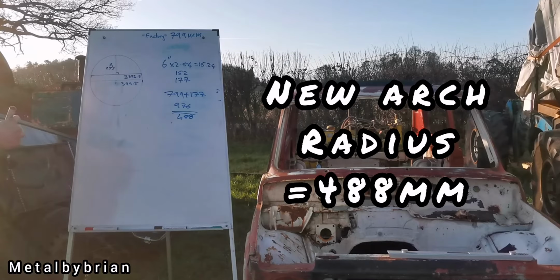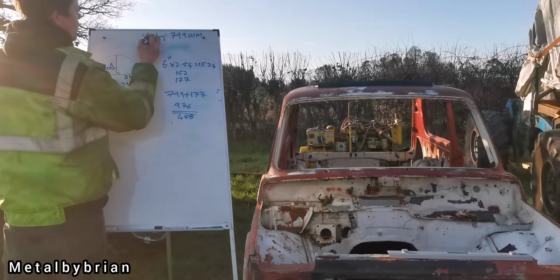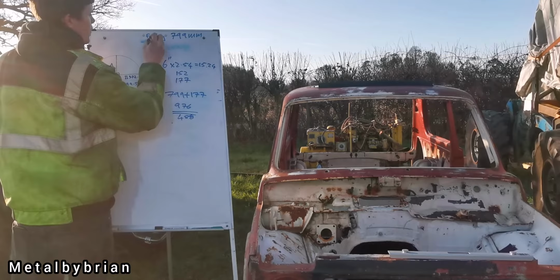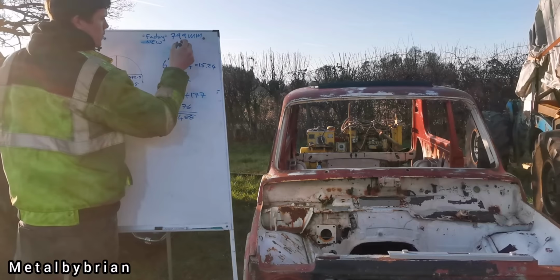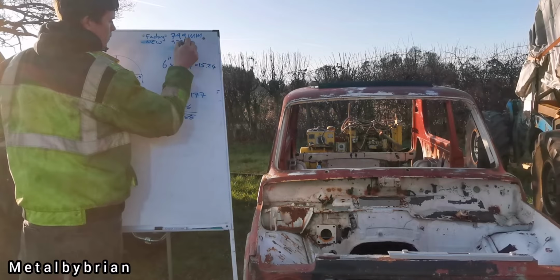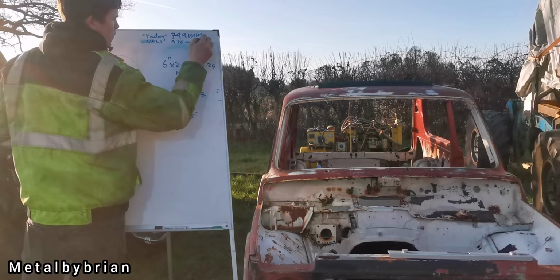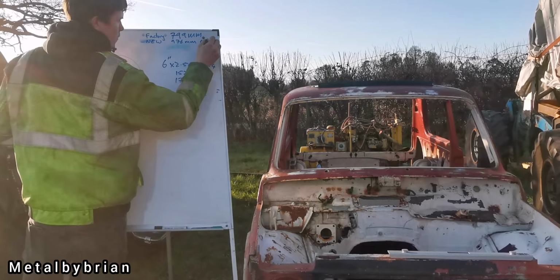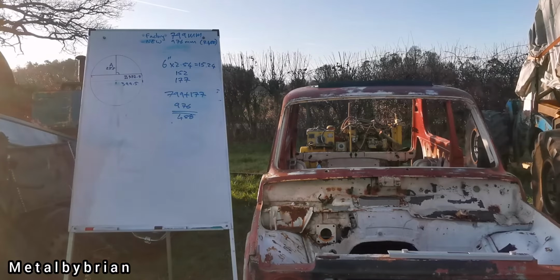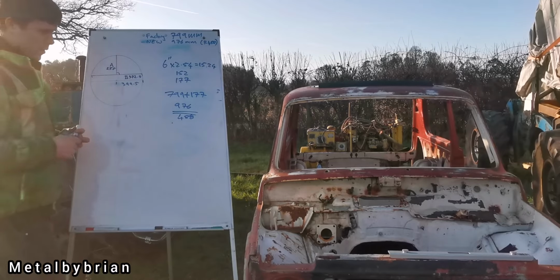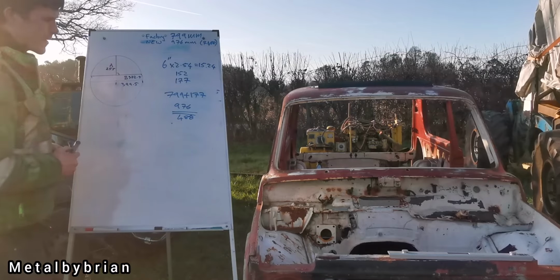And that's our new radius. So when we roll our sheet metal and whatnot, we need to be rolling it to a radius of 488.